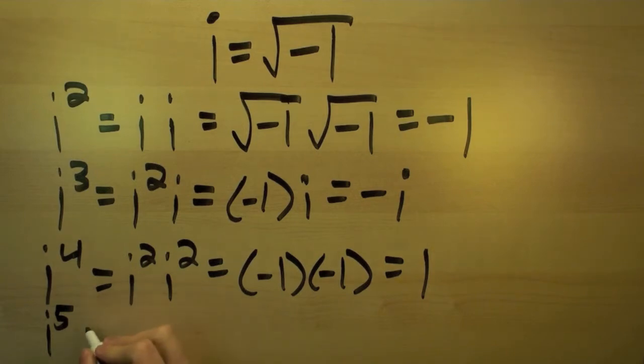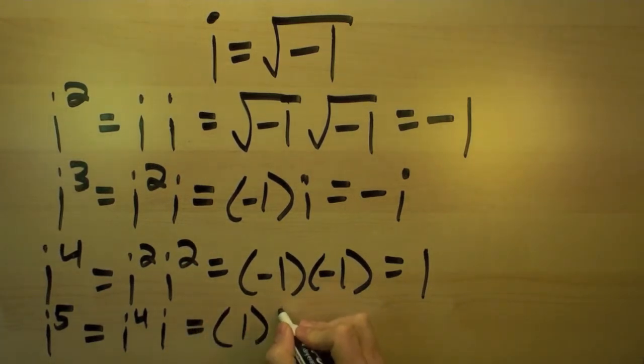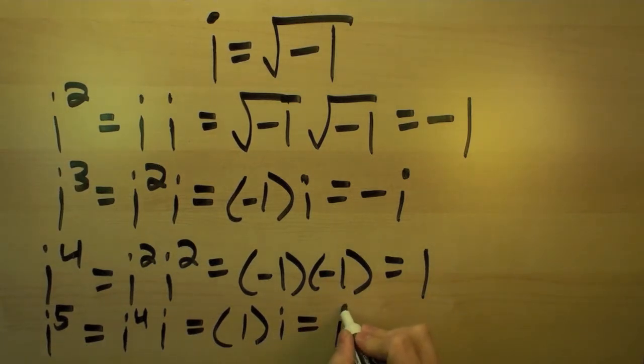If we go one more to get i to the fifth, we can think of this as i to the fourth times i, but i to the fourth we already decided was 1, so i to the fifth simplifies to just being i.